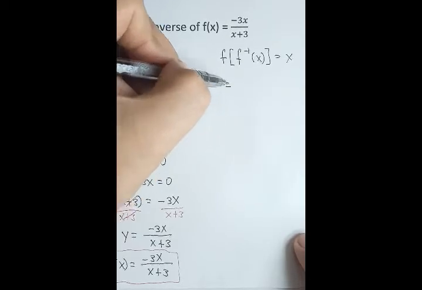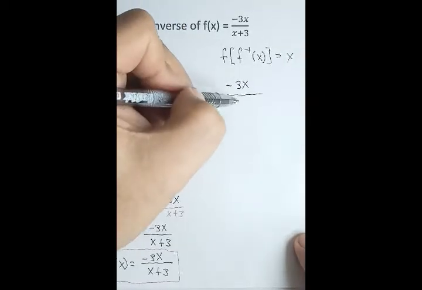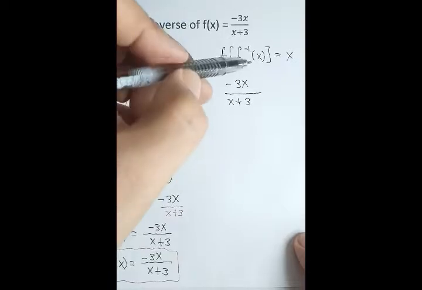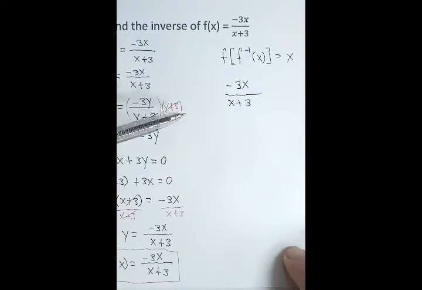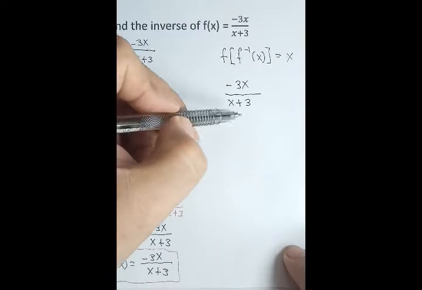So we have negative 3x over x plus 3, and then substitute the inverse function into this equation. So instead of x, kinin negative 3x plus negative 3x over x plus 3.